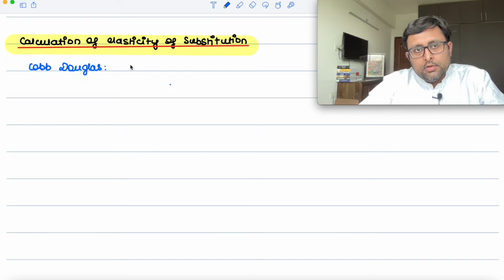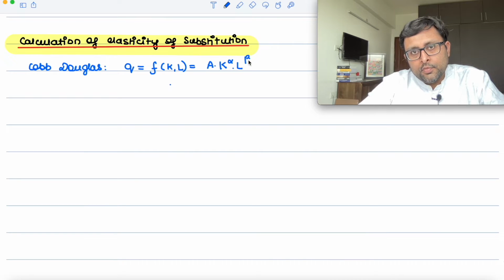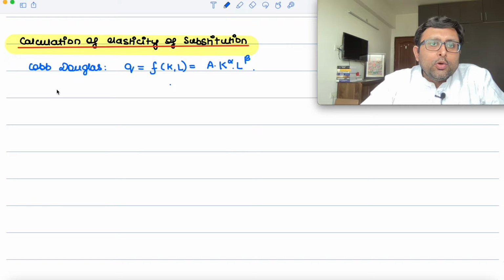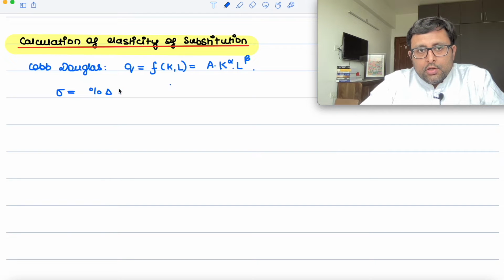Production function. So you have Q is equal to f of K, L, let's say, A K to the power alpha, L to the power beta. Right. So how do you find out what is the elasticity of substitution?